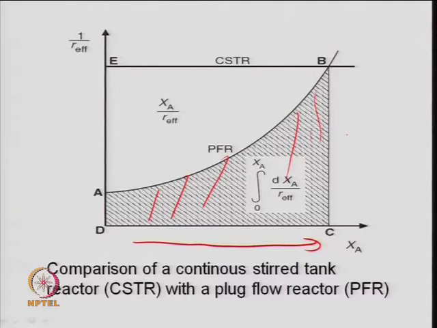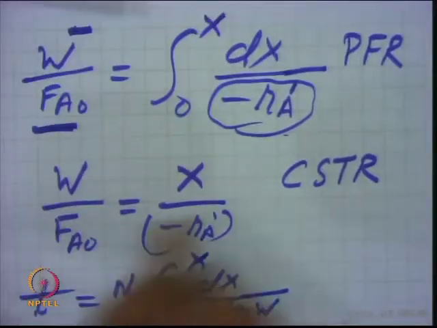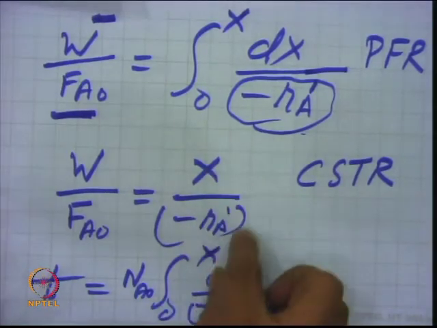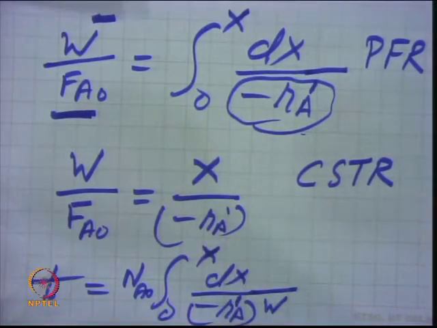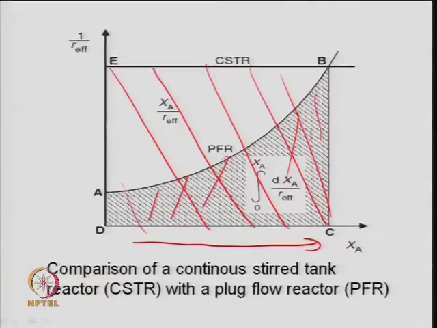But if you look at a CSTR, W by F A naught is not the integration, but x divided by minus R A. It means the area of this rectangle will be your W by F A naught. So, for the same feed rate or for identical conversion, you can see that the volume of a CSTR, or the mass of the catalyst required in a CSTR, will be much higher compared to a plug flow reactor.